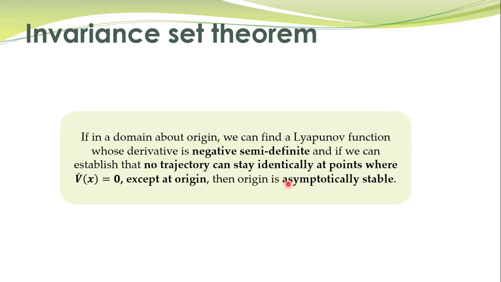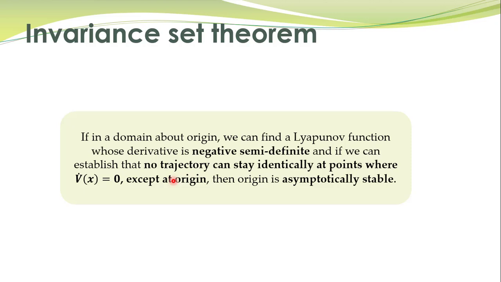Any confusion up to this point? In the previous example, was it possible to have x2 equal to 0 and x1 equal to a non-zero constant?